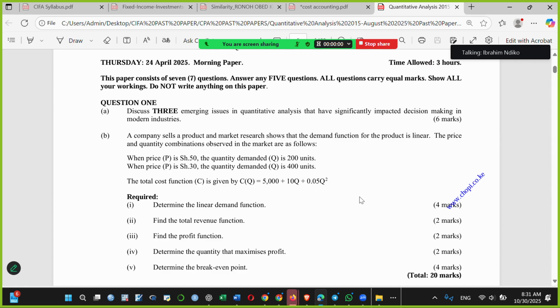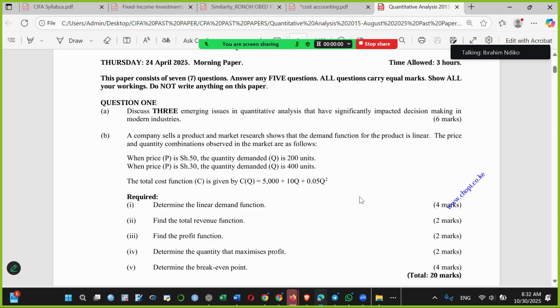Then we have been given the total cost as 5,000 plus 10Q plus 0.05 Q squared.